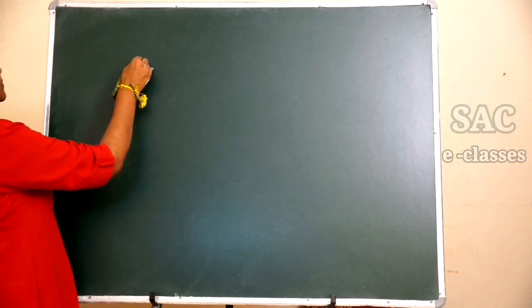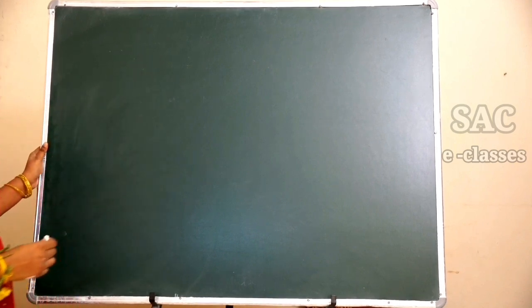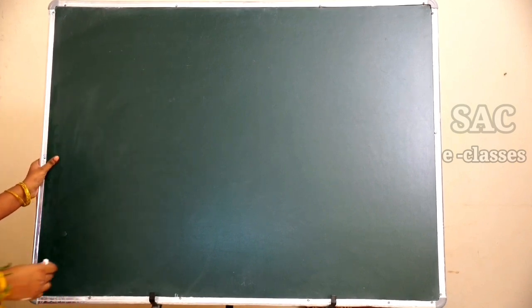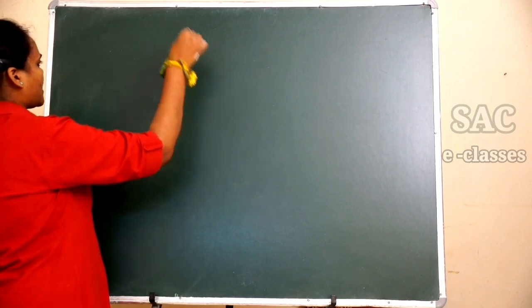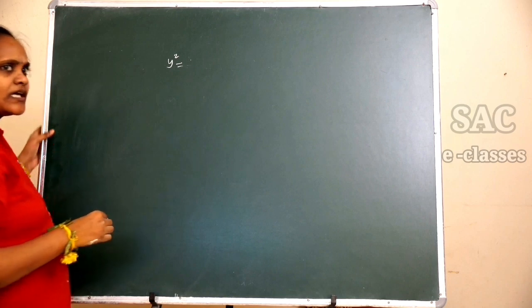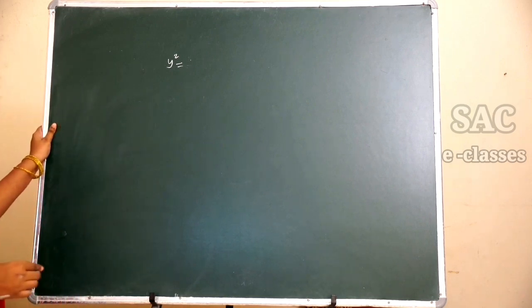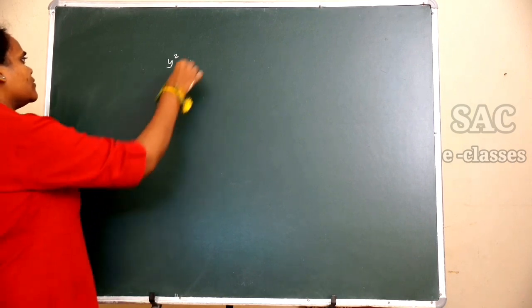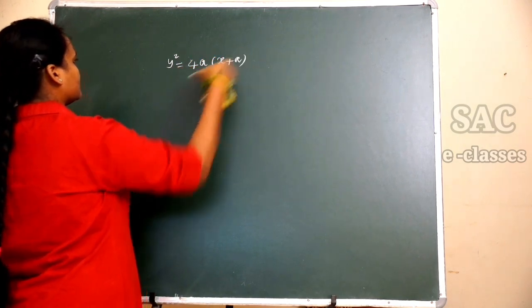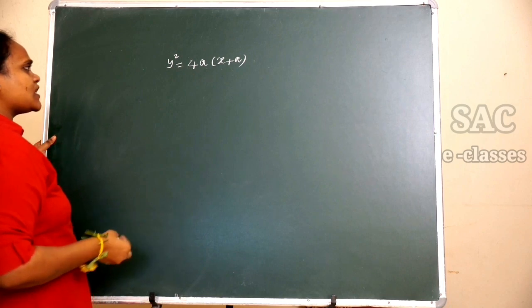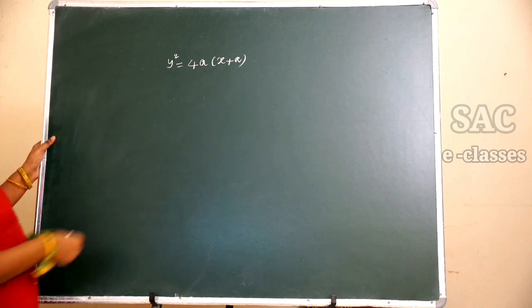At the beginning of this video, I gave you some hints for families of curves. They say the family of parabolas has the x-axis as its axis, but the focus is at the origin. So y square is equal to 4a into x plus a.